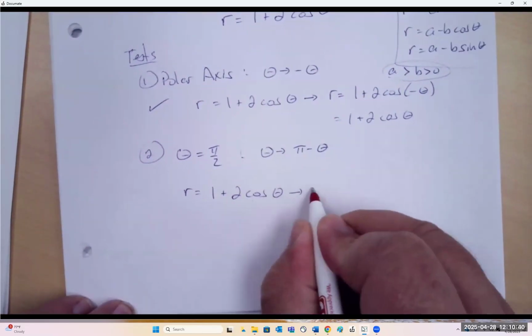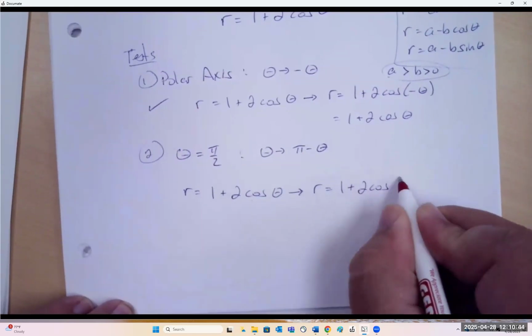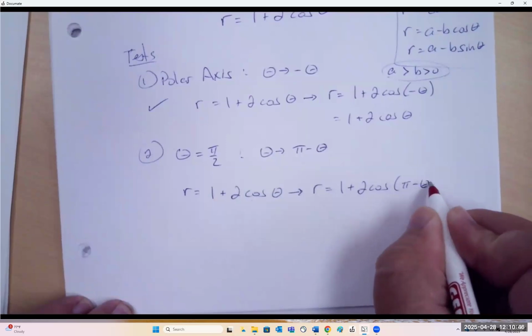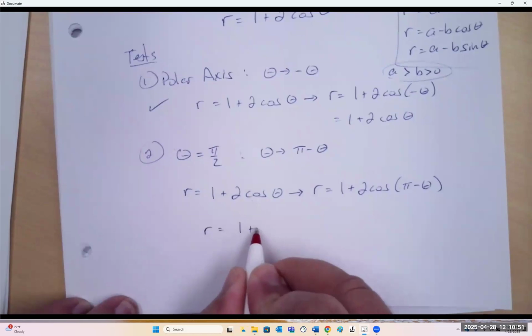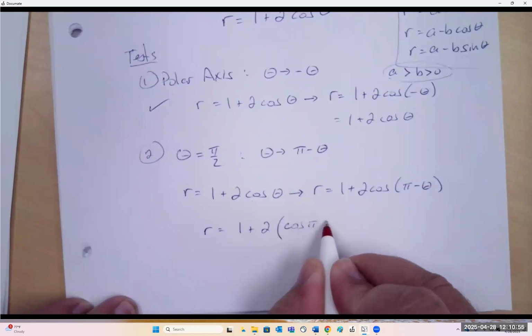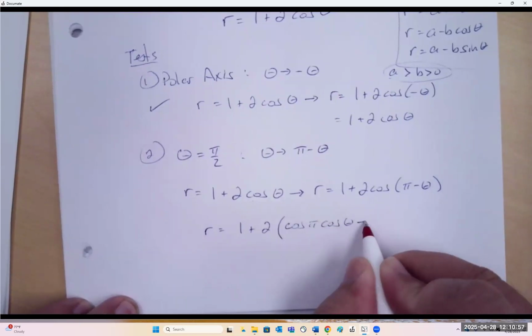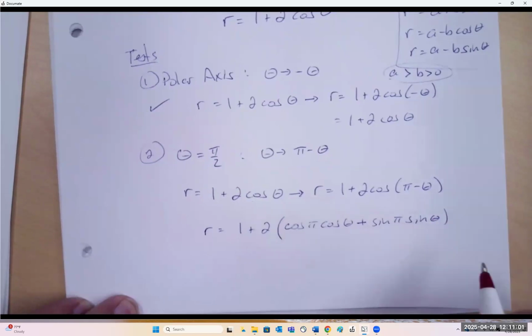With this one, I change it to 1 + 2 cosine pi minus theta. 1 + 2 times cosine pi cosine theta plus sine pi sine theta.